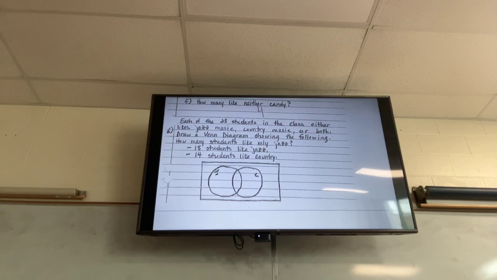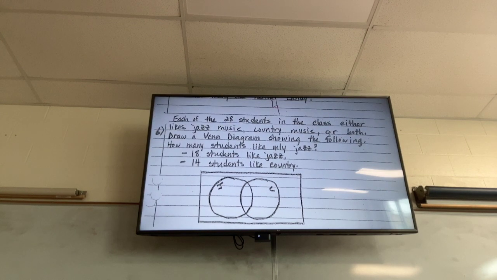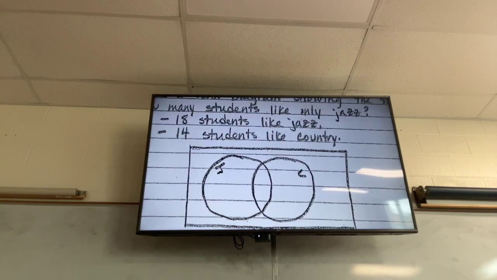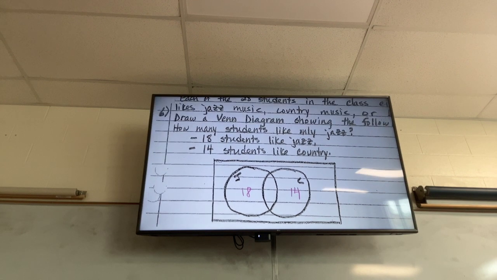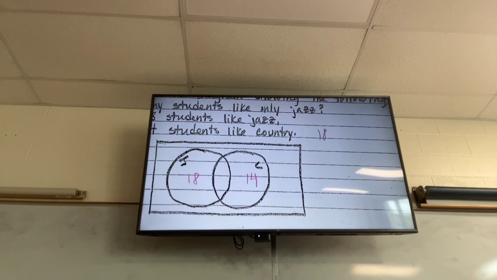There's a problem if I put an 18 in this circle and a 14 in this circle. It's more than there are students in the class. 18 plus 14 equals 32, which is greater than the number of students in the class. So that's a contradiction. Can't have that.